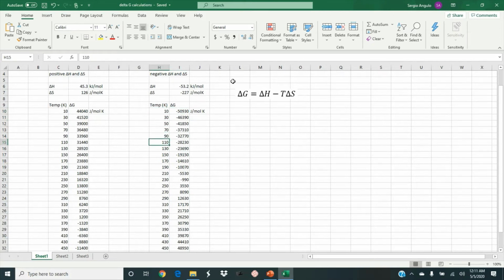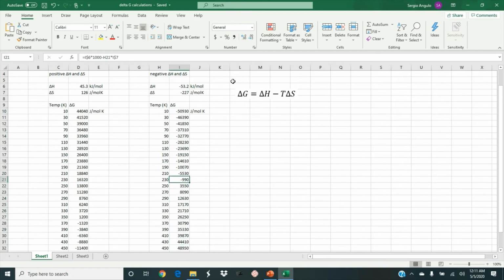And as my temperature goes up, my delta G also starts going up, in other words, less negative, less negative, until you get to a point, at about 250 Kelvin, where you finally get to a positive delta G. So this reaction is negative and therefore spontaneous at lower temperatures, up to maybe a little bit above 230 degrees. Above that, it won't be. Now delta G starts getting bigger and bigger. Okay.